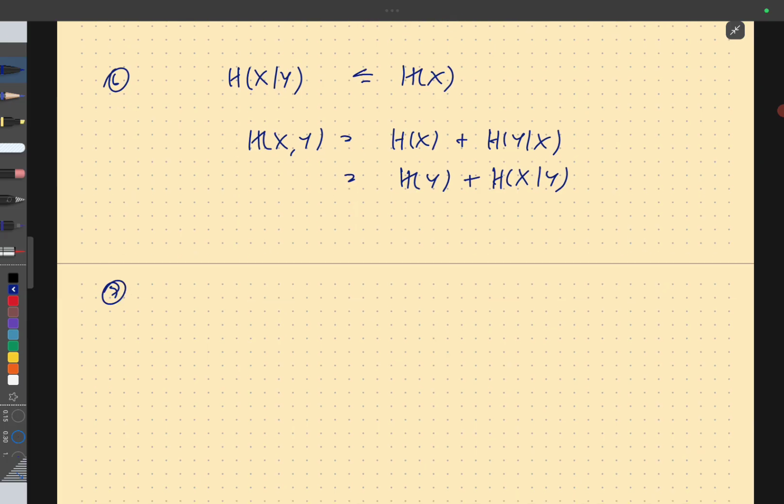The other important point is that H of X is invariant to the labeling of the alphabet.